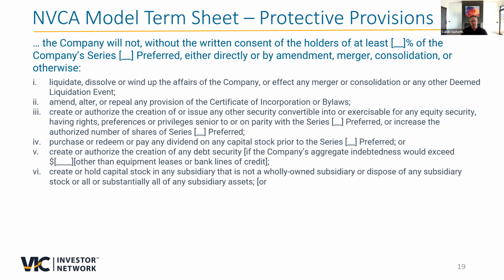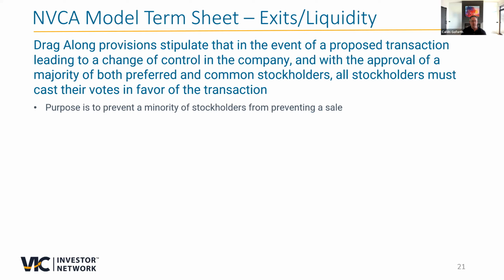Again, that's not typically going to be an issue if all stakeholders' interests are aligned. It can become an issue though if you haven't done a good job on keeping stakeholders' interests aligned. You may have a sale of the company, let's say a $50 million sale, that's a great return for the later stage investors, a poor return for early stage investors, and not a return at all for the common shareholders if you haven't done a good job keeping interests aligned.